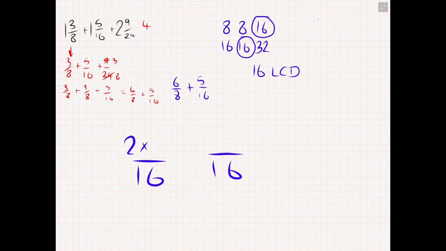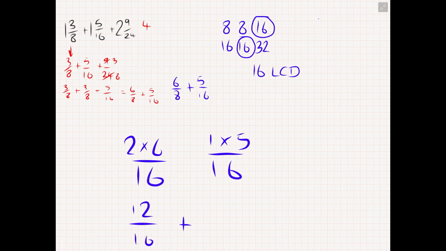So that gives us 2 times 6. And 16ths goes into 16ths once, so that's simply 1 times 5. So we now have 12/16 plus 5/16.